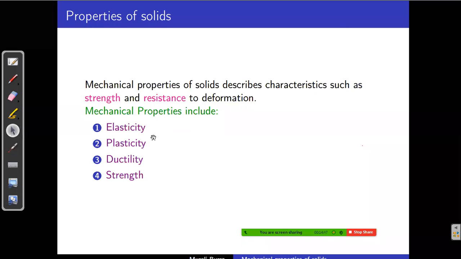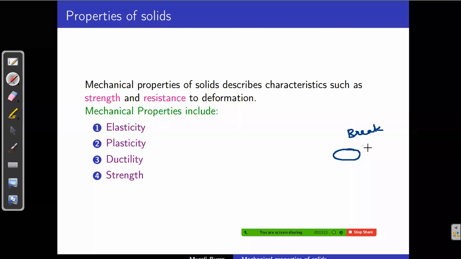And what is plasticity? If we take some other material, like a rubber band, say one small thread in the same fashion, and I pull it, what happens? It will break.